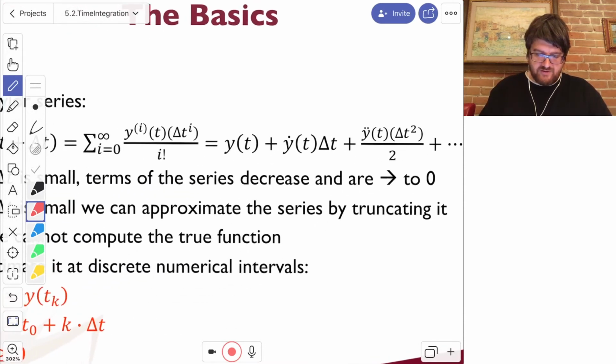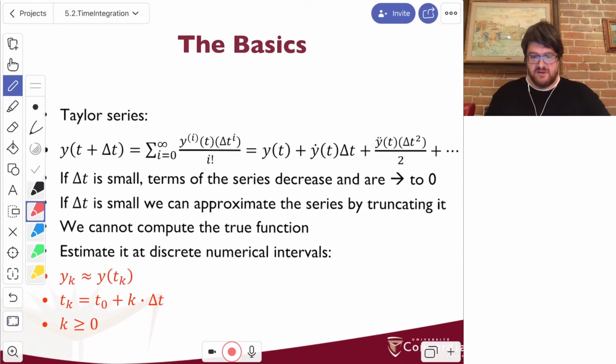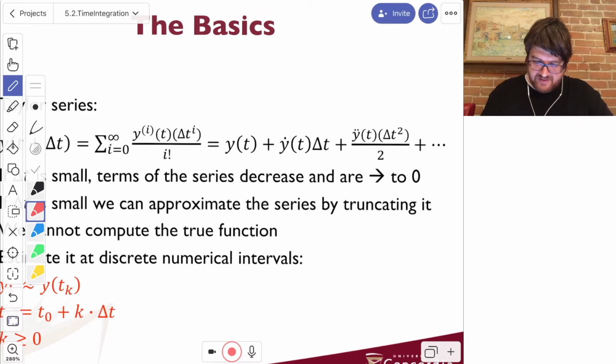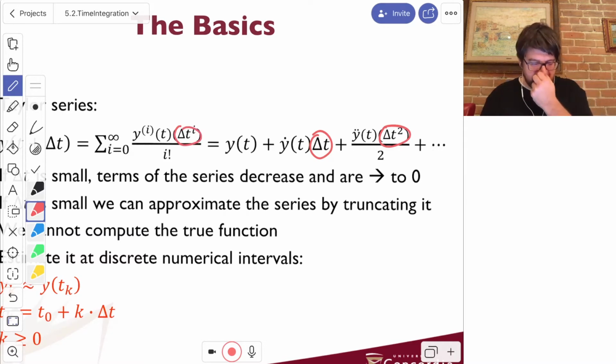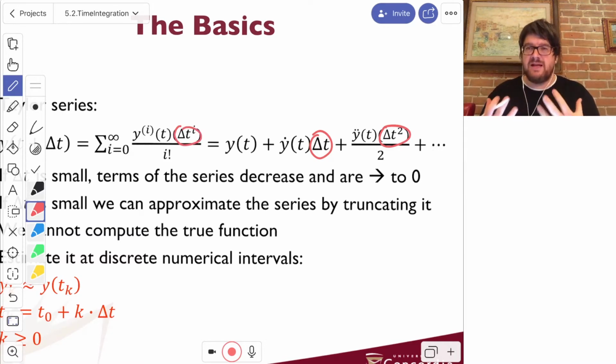As you remember from your numerical analysis, if delta t is small, you notice that delta t appears here in increasing powers. So delta t to some power is going to be smaller and smaller, and is going to dominate these terms.